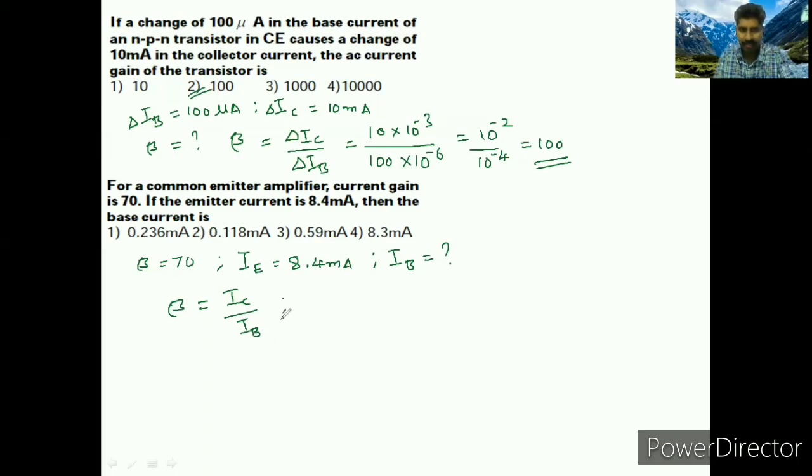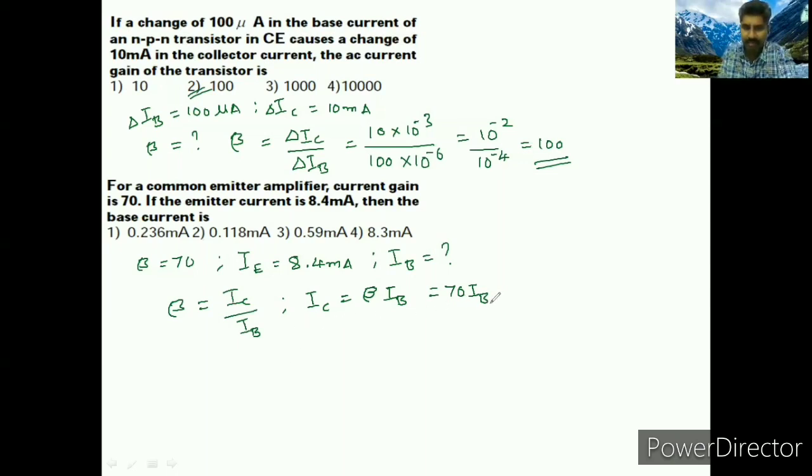So here we need to calculate collector current is equal to beta into base current. Beta value how much they gave? 70 into base current. IC, collector current, is 70 IB.